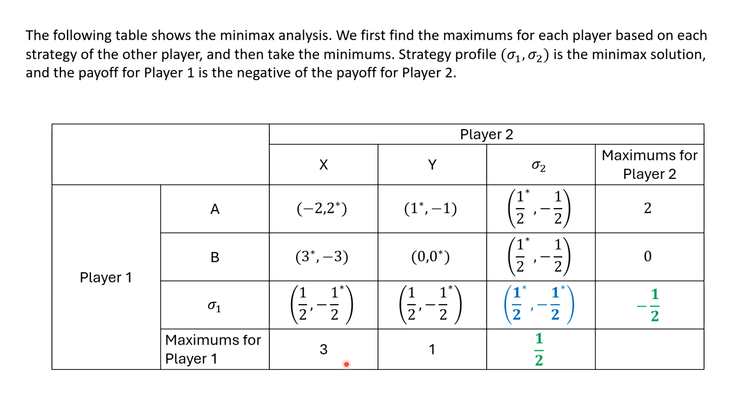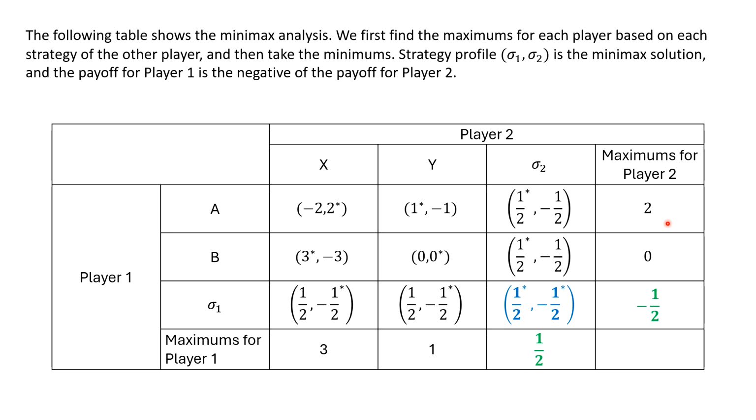So for player 1, if player 2 plays X, the max that player 1 can get is 3. That's here. If player 2 plays Y, the max for 1 would be 1. And if player 2 plays the mixed strategy sigma sub 2, it's 1/2 in every case.